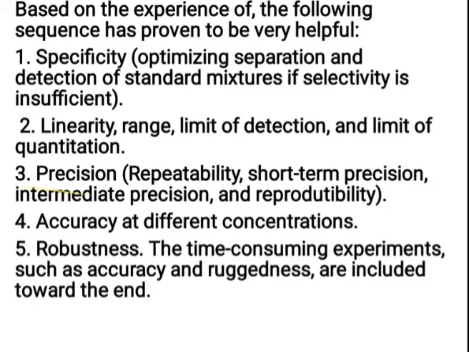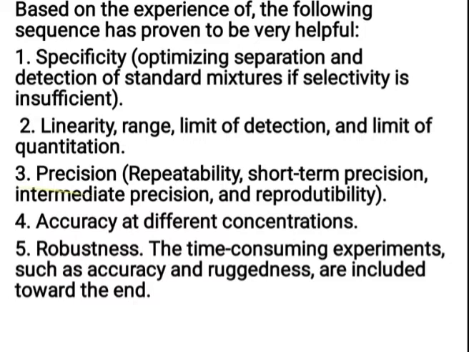So the next point is, based on experience, the following sequence has proven to be very helpful for the validation of any procedure. These definitions you have already seen in chapter number 2, but I am saying all this here because all these 5 parameters are very important in the validation procedure or validation method.